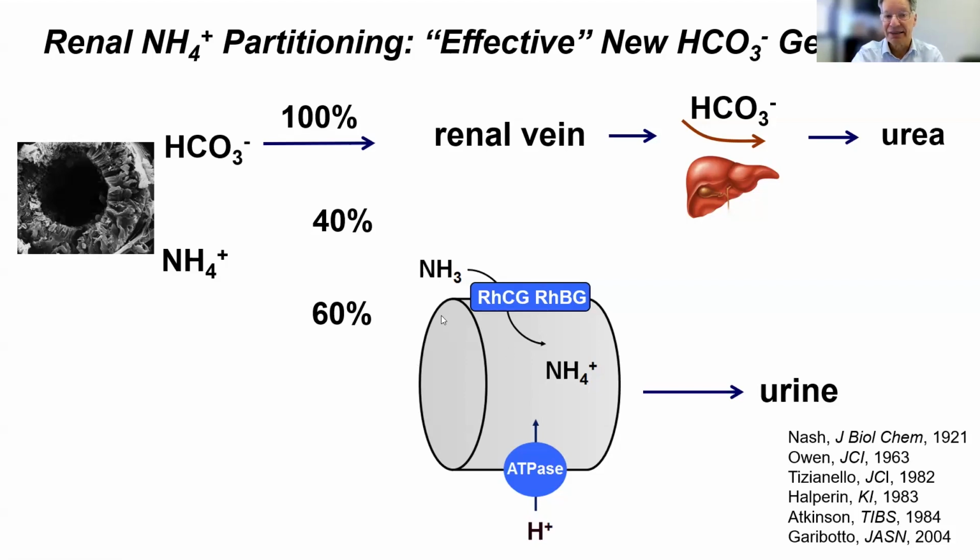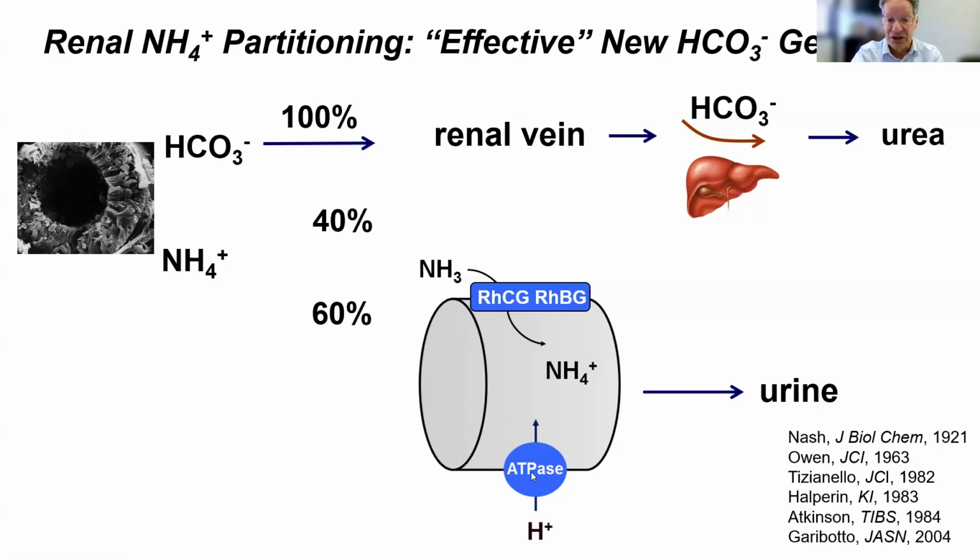It gets into the collecting duct first via these 2 Rh proteins. This is the red cell Rh disease in infants. These Rh proteins are ammonia transporting proteins. They take ammonia from the interstitium. They're in the collecting duct and allow NH3 to get into the lumen of the collecting duct that then gets into the urine.